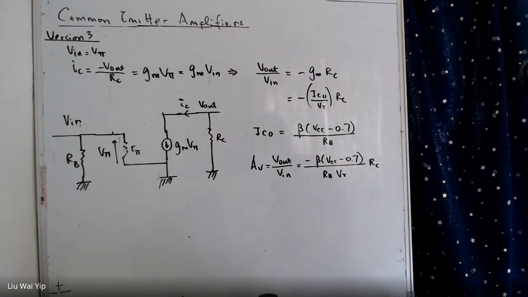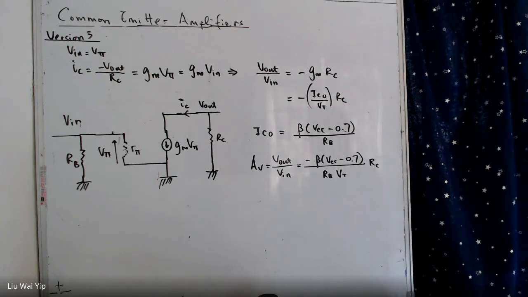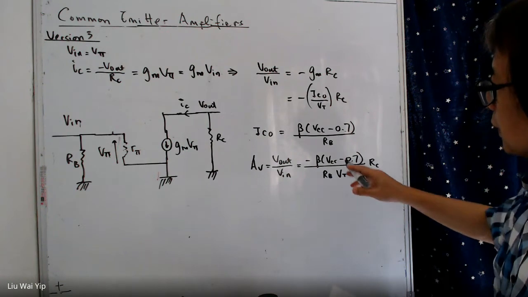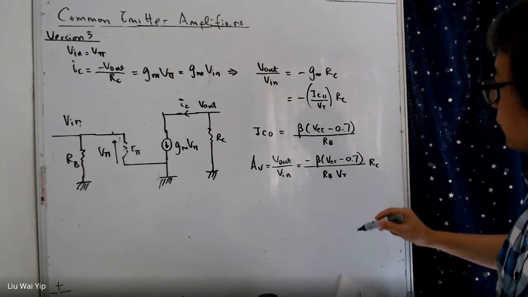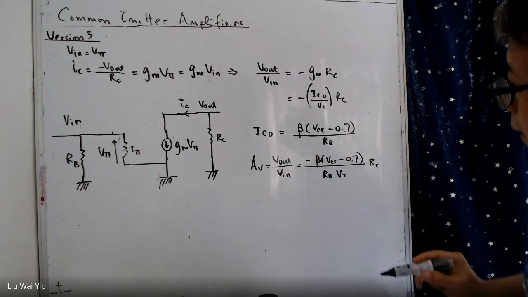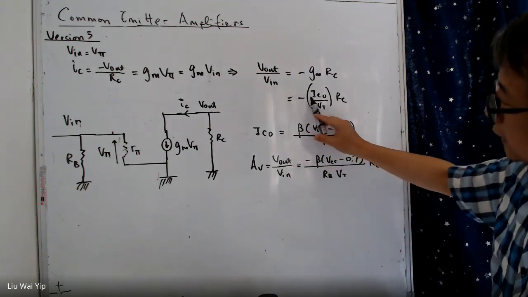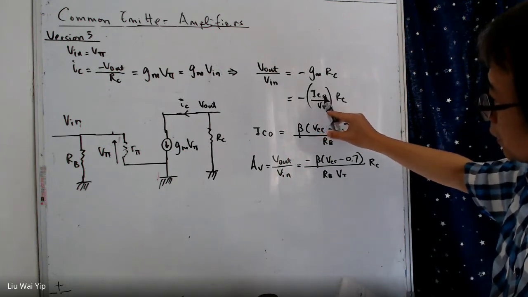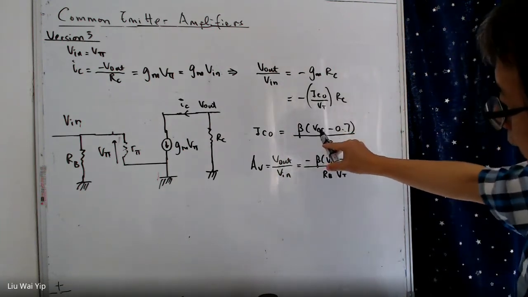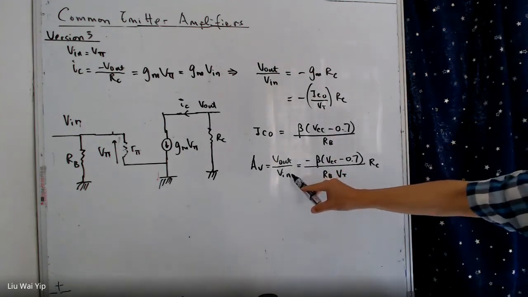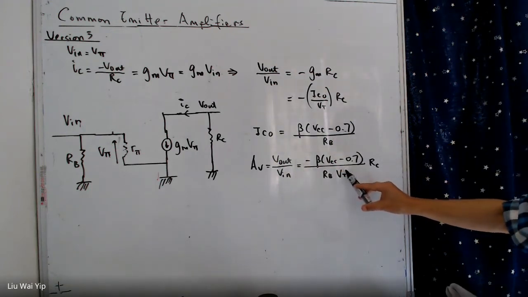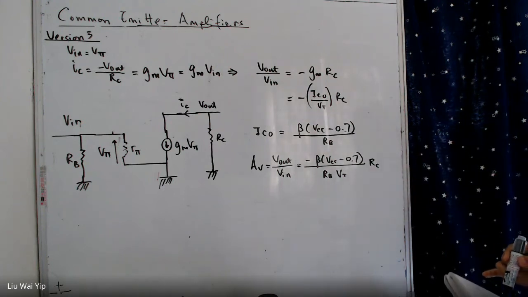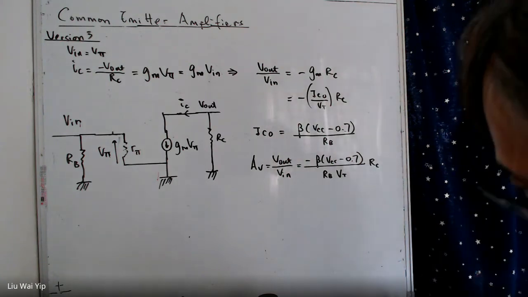So this is the case based on the information from this circuit. And by substituting this equation, IC naught will be this bracket expression, and we end up with the voltage gain here. Okay, this is version 3.